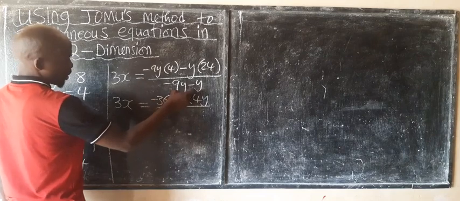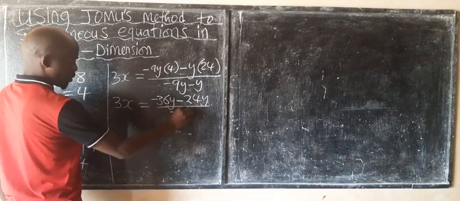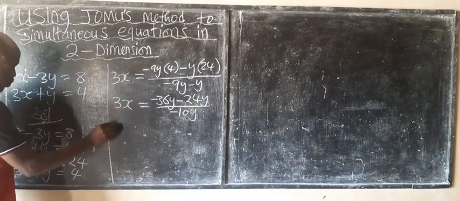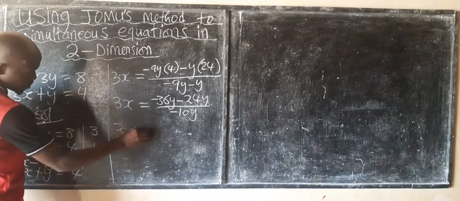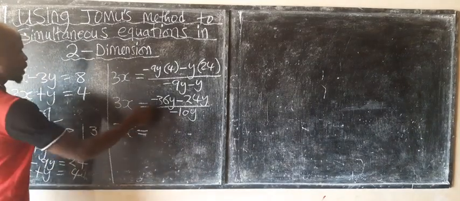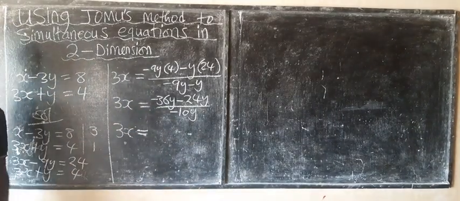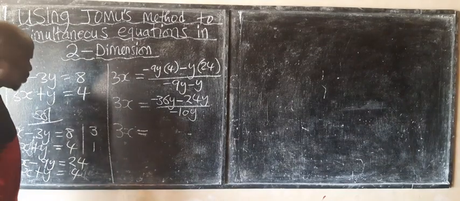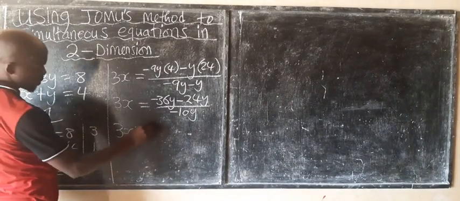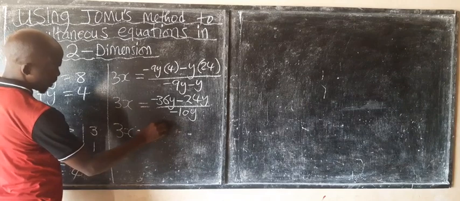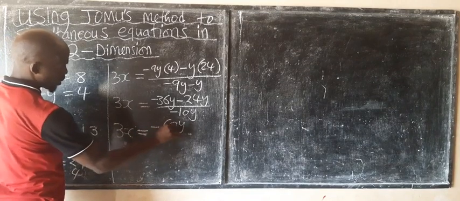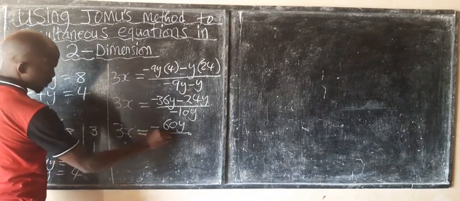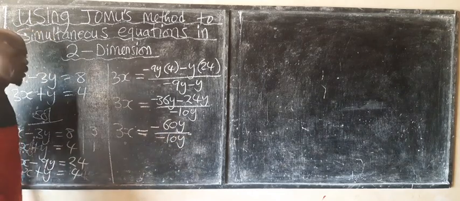Negative 9y minus y gives me negative 10y. So 3x equals negative 36y minus 24y, which gives us negative 60y, and I divide by negative 10y.